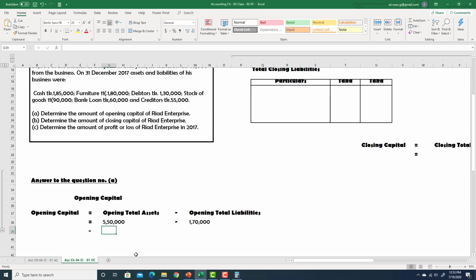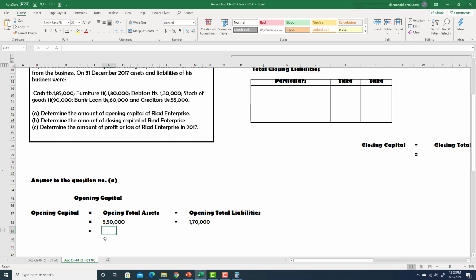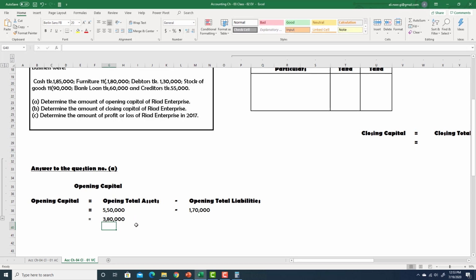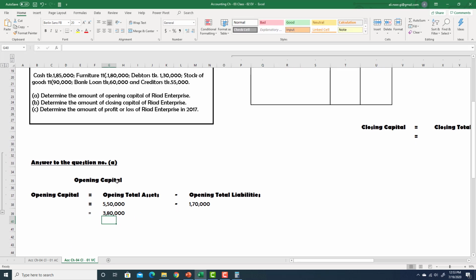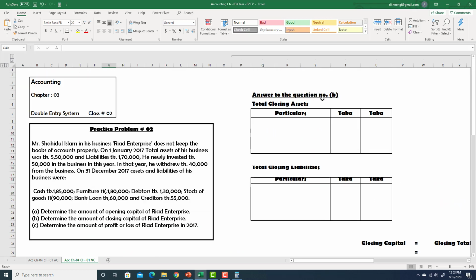So I got my opening capital, 3,80,000. This is my opening capital for the business Riyadh Enterprise. Let's move on to the next question.